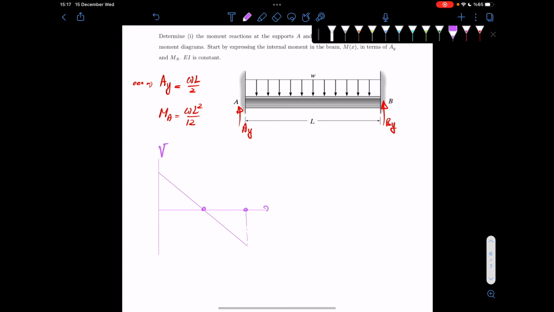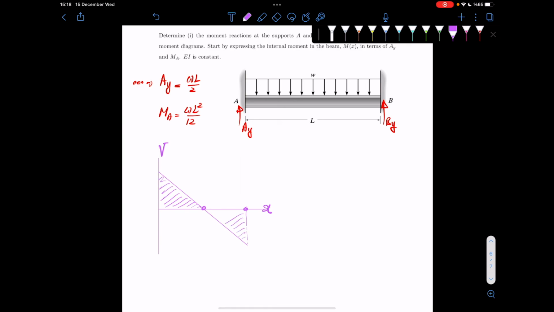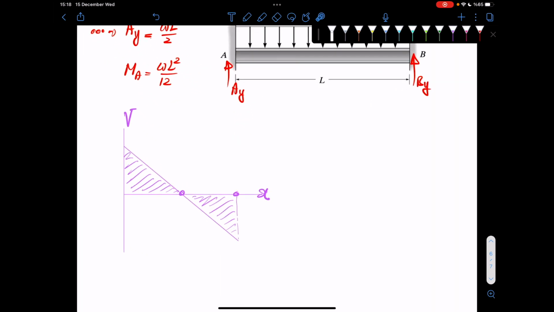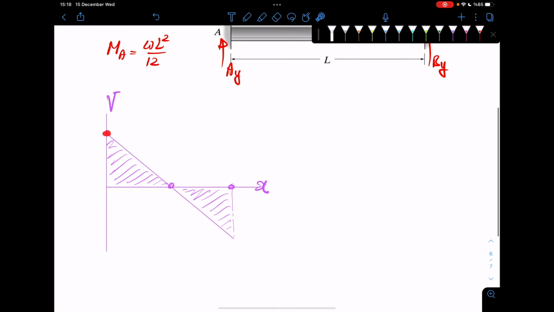You know, this is your x coordinate. The entire force that you have is WL, right? And then you have a symmetric system. So you can immediately see that you have WL/2 on each side, right? So this would be WL/2. This would be minus WL/2.